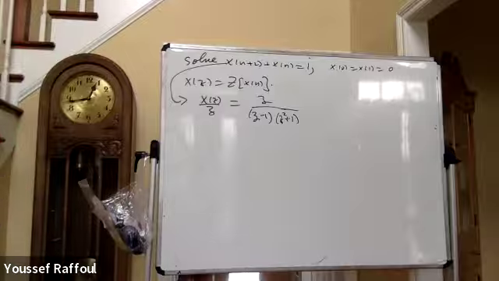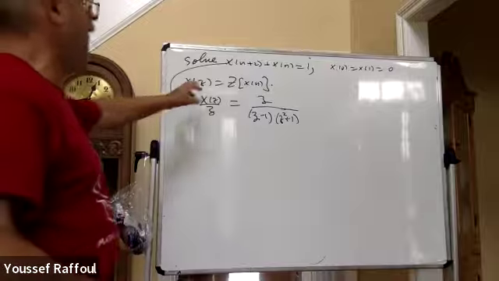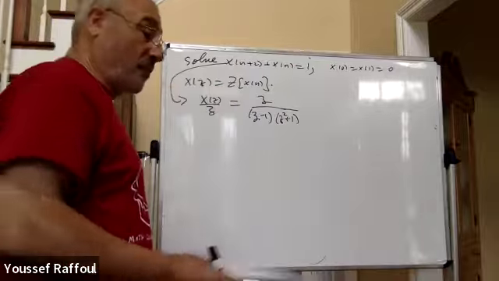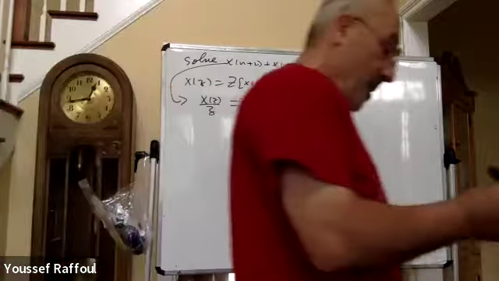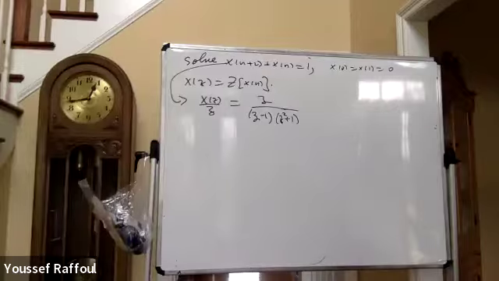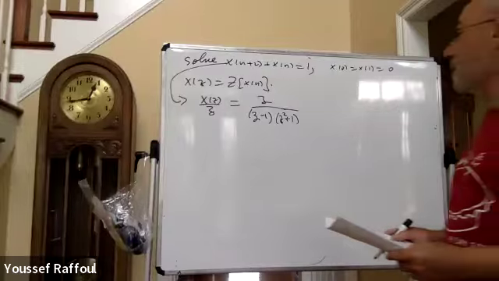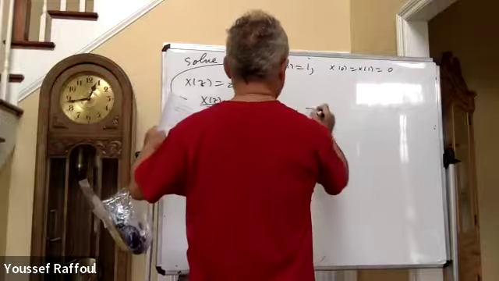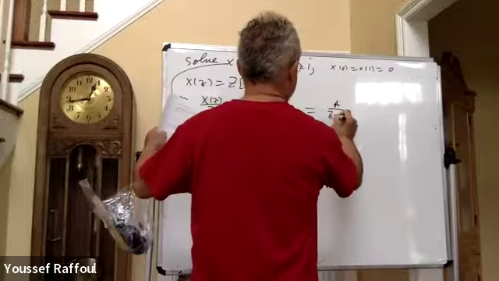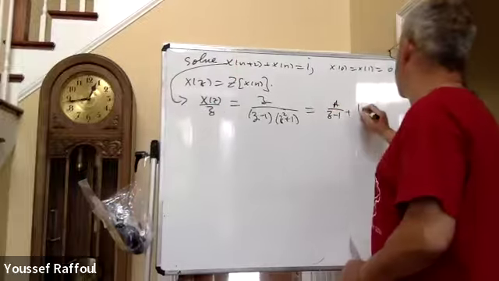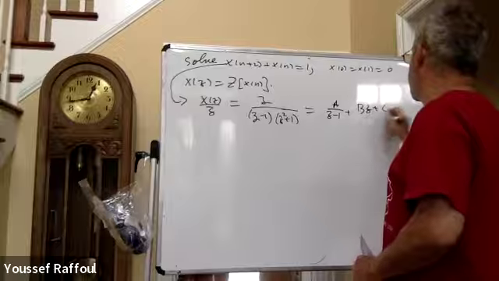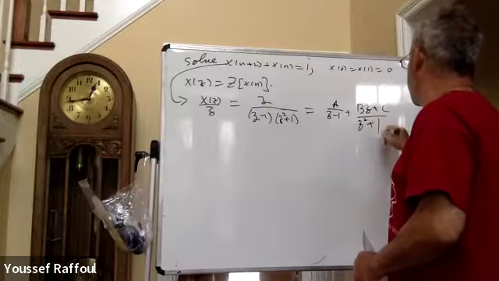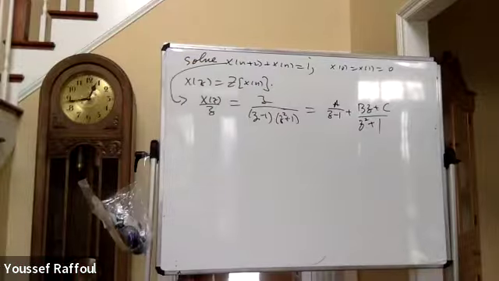Do you remember? You're going to use the theorem. There is a corollary that we did of the z transform of x n plus 2, x n plus 3, and so forth. So we're going to do partial fractions. So that is equal to a over z minus 1 plus bz plus c over z squared plus 1. Okay?